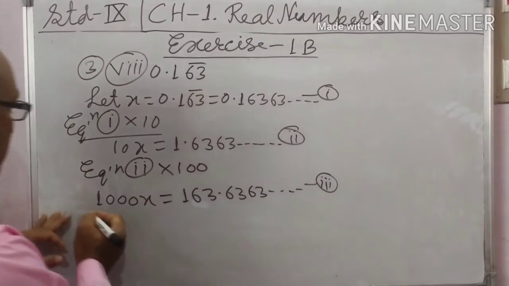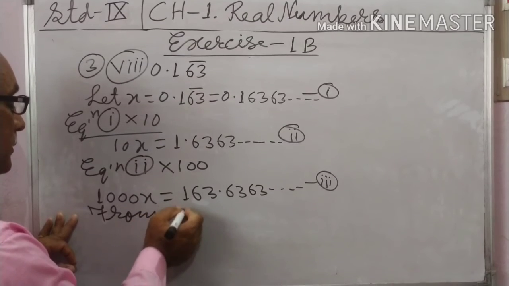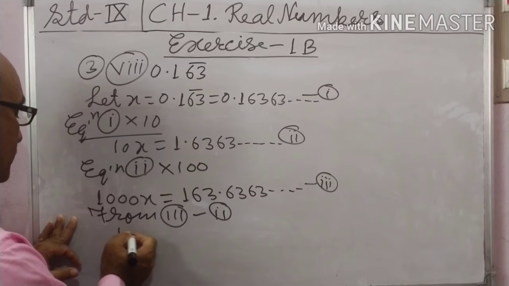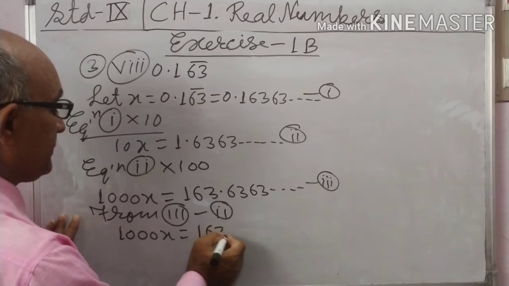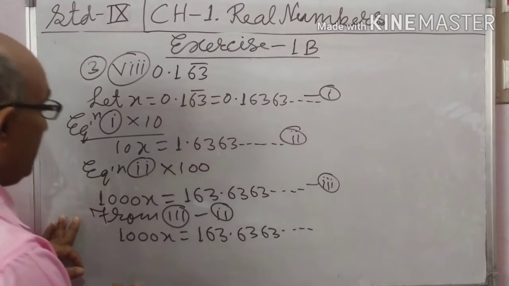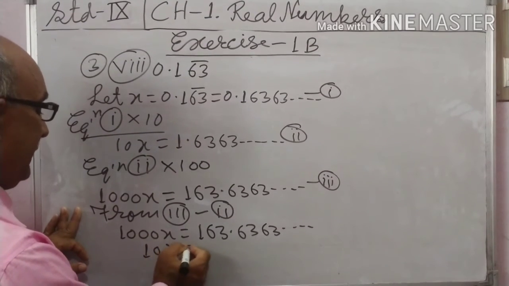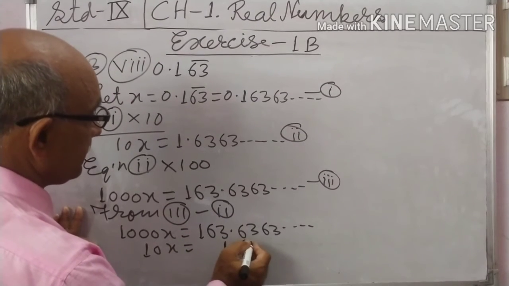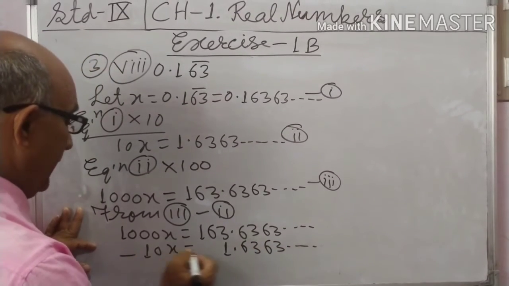Equation 3. Now equation 3 minus equation 2. 1000x equal to 163.63 dot dot dot. And equation 2 is 10x equal to 1.63 dot dot dot. Minus.